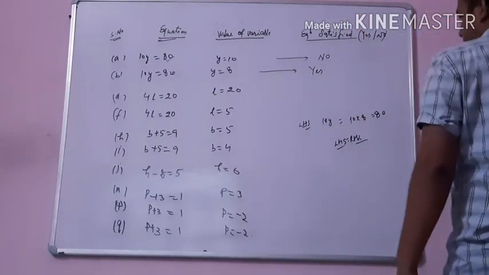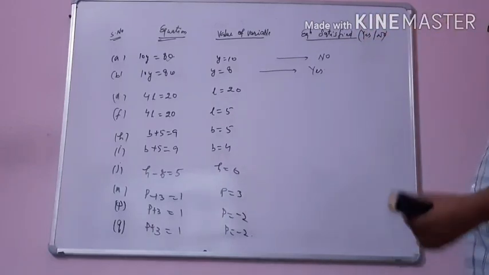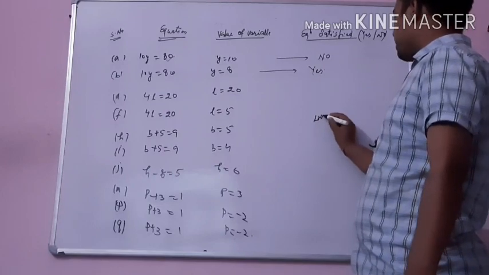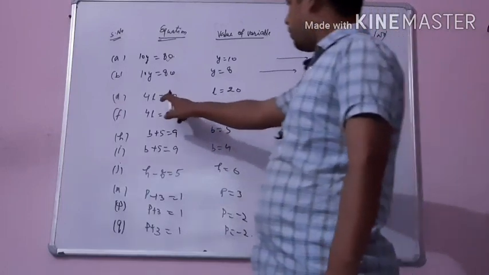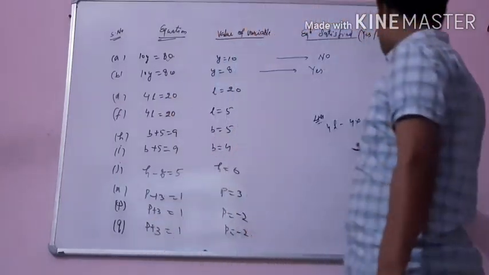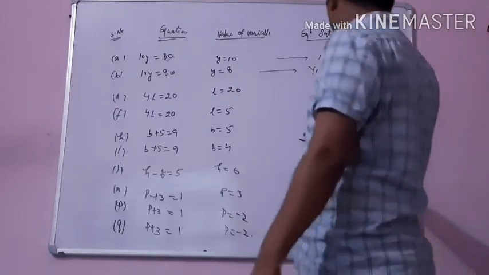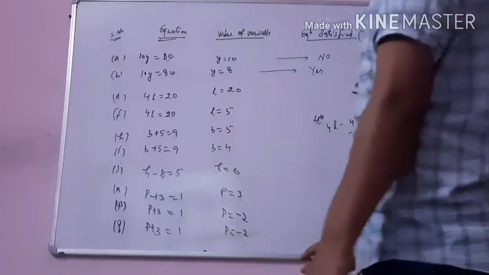Now moving again to D. I have taken D question. So 4L equals 20. So LHS equals 4L. And now what is the value of L? The value of L is given as 20. So 4 times 20 is 80. So LHS is coming 80 and RHS is 20. So again the condition is not satisfied.